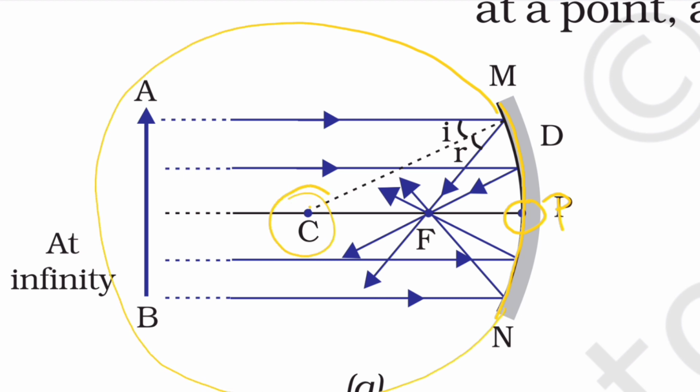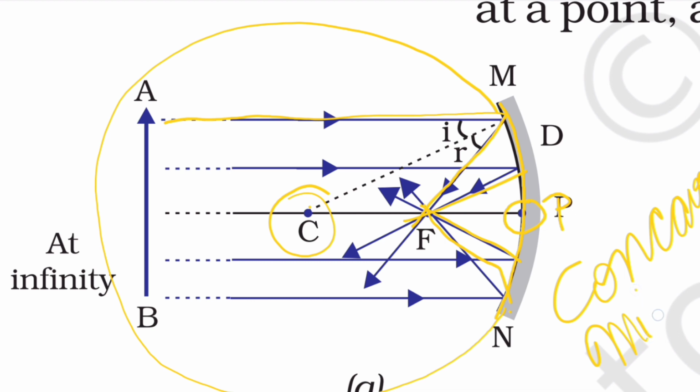This is the center of curvature, and all the radiation from the light or the sun will reflect back to a particular point. In the concave mirror, all the radiation converges at F. This is the principal focus, where all the rays converge to a small spot.